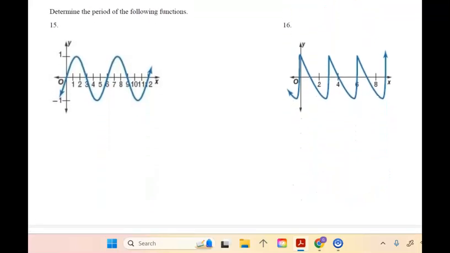Okay, so now we're looking at periods of graphed functions. A period is the horizontal length of a repeating pattern. So we just have to find out what that repeating pattern looks like in terms of when it begins and when it ends, and then measure how long it takes to finish one of those patterns.